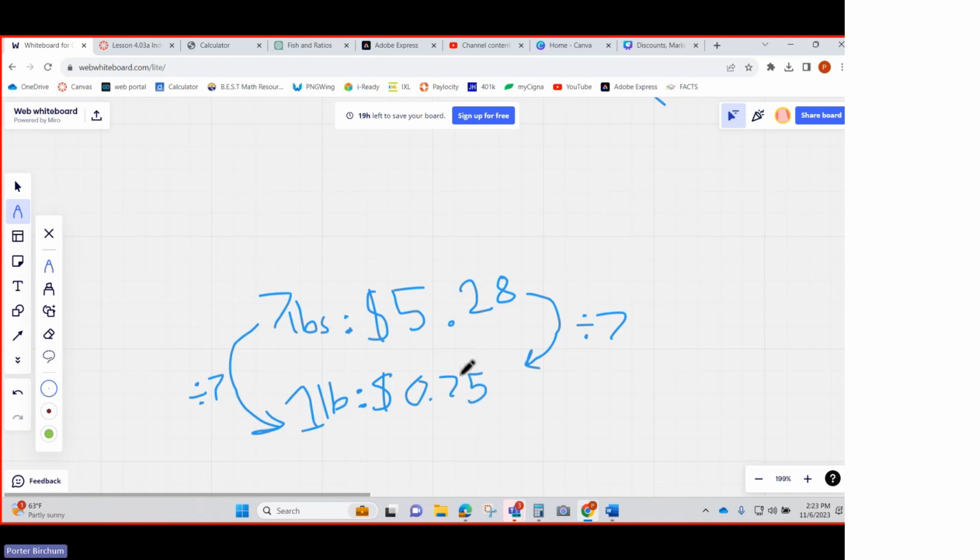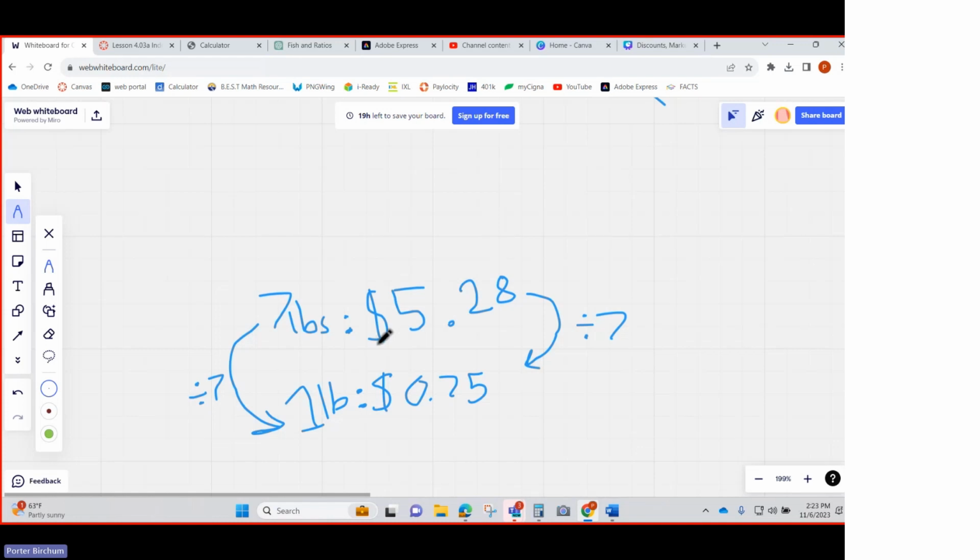0.75. So maybe a fast way to do these kinds of problems is to find the unit rate, unit price, or unit ratio. You would do whatever number is 1 in your question, like per pound, per hour, per day, per second.